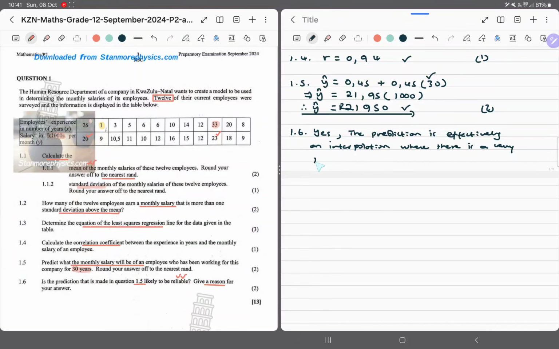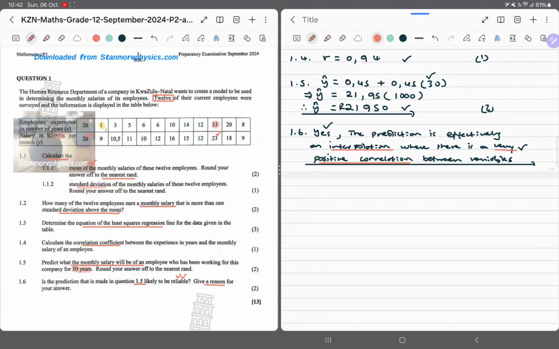There is a very strong positive correlation between variables. Okay, my writing just doesn't want to go well, so that's it, guys. Anyway, it's fairly easy, so you get a mark for our lovely yes and our statements. Obviously, remember, an interpolation is predicting within the domain, but that has to be coupled by a strong positive correlation.